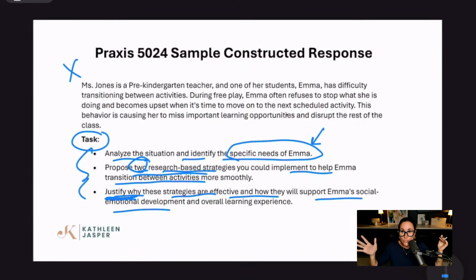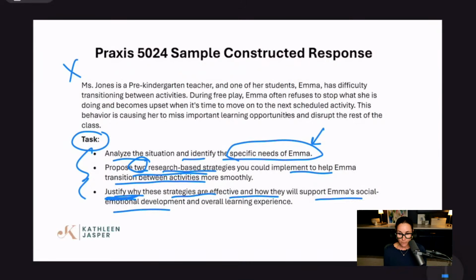Use those good words in your constructed response because it shows the grader this person knows what she's talking about. This guy knows how to be a pre-K through 3rd kindergarten teacher. So use those good words again in here. And once you are keyed in to those, it's going to come to you much easier. All right. So let's go ahead.